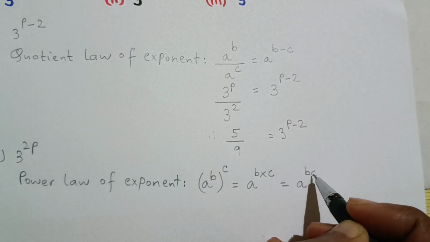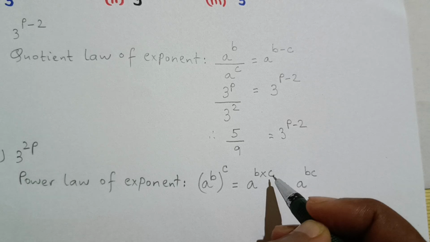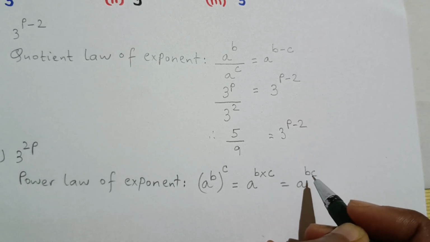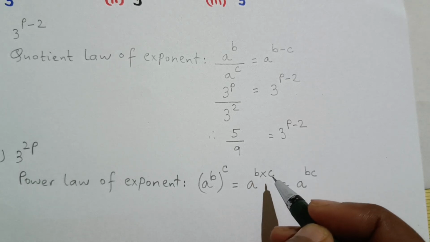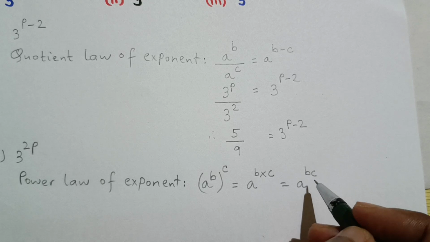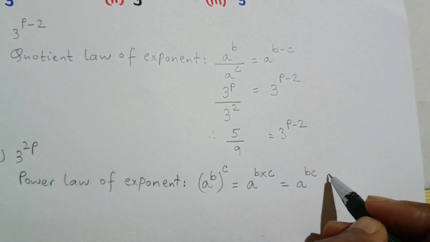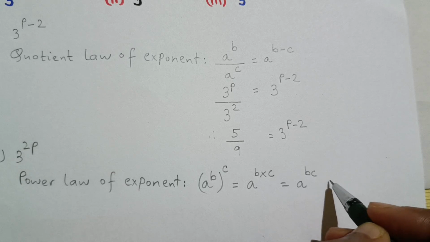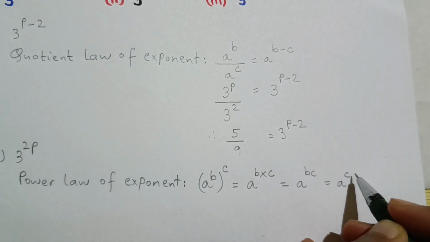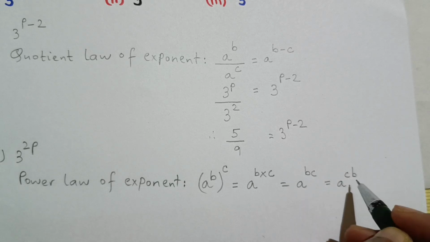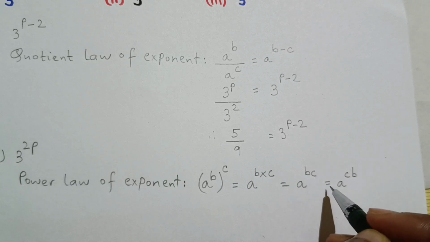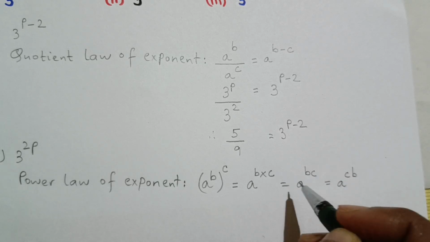You can either say it is bc or you can say cb, because b into c is bc, or cb also. So either you say a to the power bc, or you can say a to the power cb.